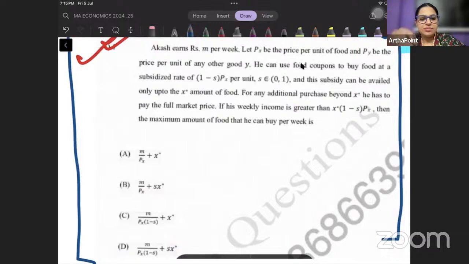So you can also go ahead and take some number and solve it accordingly. Anyone? Come on.